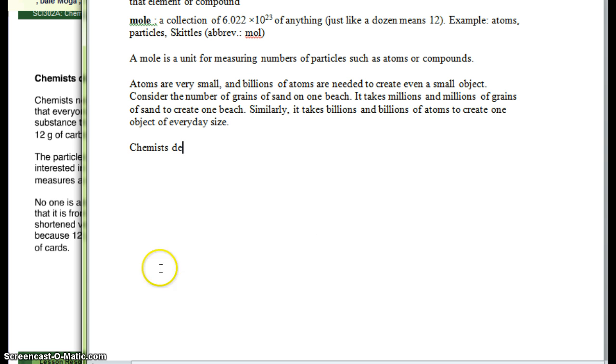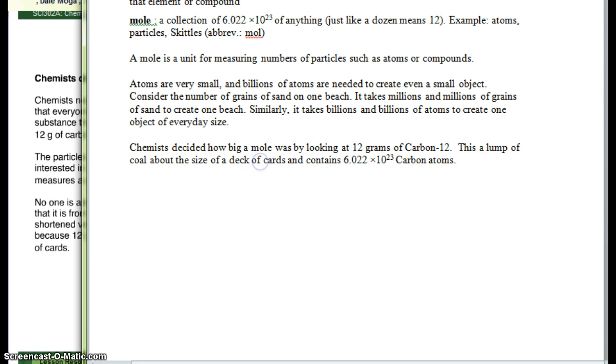Okay, so chemists decided how big a mole was based on carbon. What I added to my notes is that chemists decided how big a mole was by looking at 12 grams of carbon 12. Carbon 12 just means that it has 6 protons and 6 neutrons. Because remember, we can have isotopes, or they can be fat and have extra neutrons, or they can have less neutrons than the average.